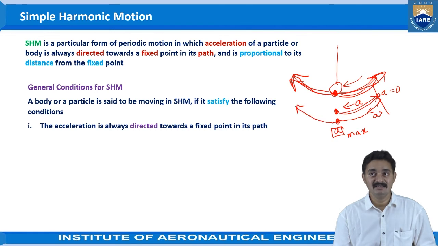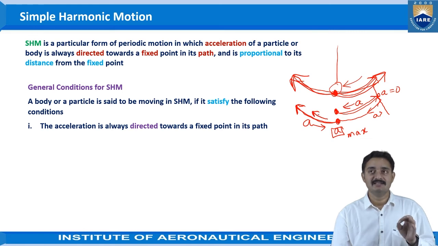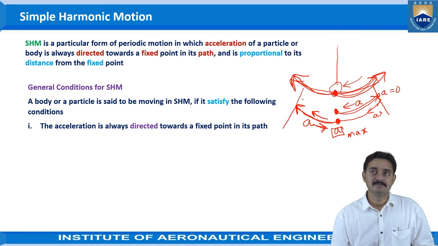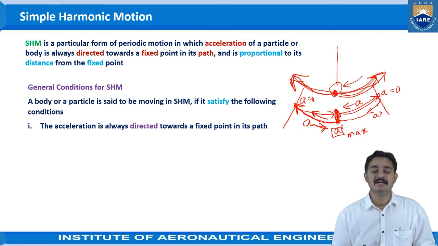And again it will go to the left side direction. As it is leaving the mean position and going to the left side, again the acceleration will be directed towards the point here. That means as it is moving in this direction, the acceleration tries to decrease. Why? Because this acceleration is directed towards the mean position, and again at the maximum limit condition, this acceleration will be 0, and it will start from here, and again come in this direction, and again at the mean position the acceleration will be maximum.